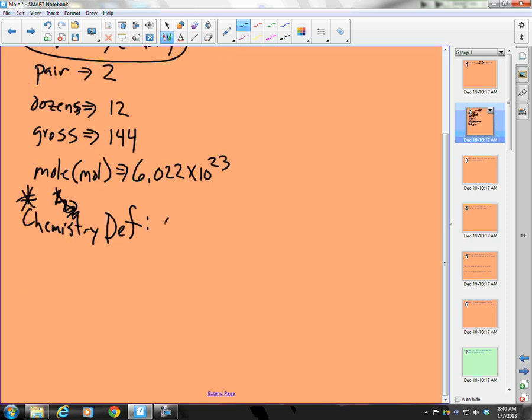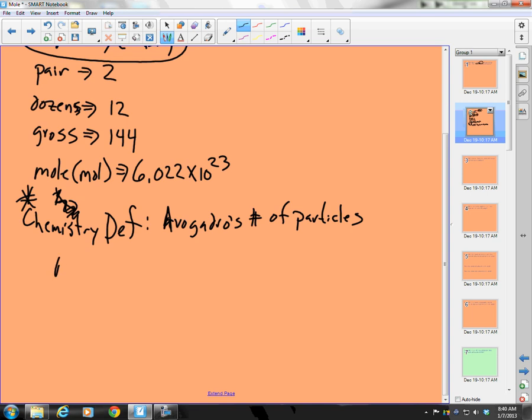Here's your chemistry definition of the mole. It is Avogadro's, he was some dude, he's no longer alive. Avogadro's number of particles. That is my chemistry definition.